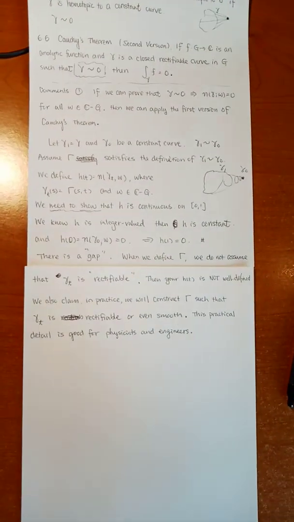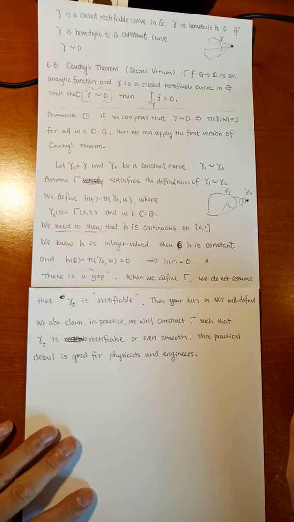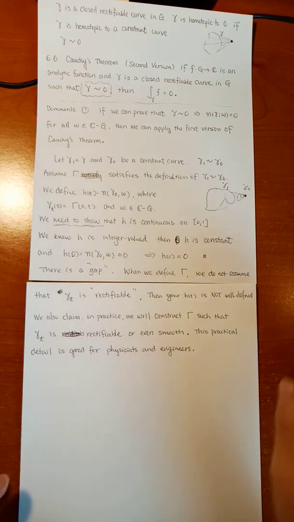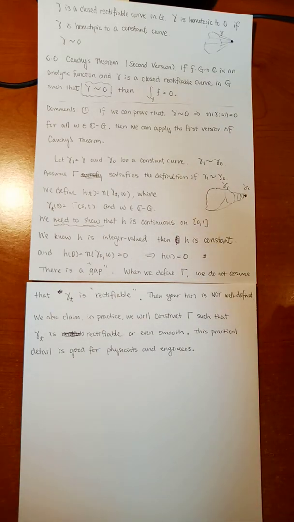You can read it yourself, better than me. Okay, so the author wanted to emphasize he's trying to give us the method, a reusable method, not just a detailed method to construct the gamma smooth or rectifiable.